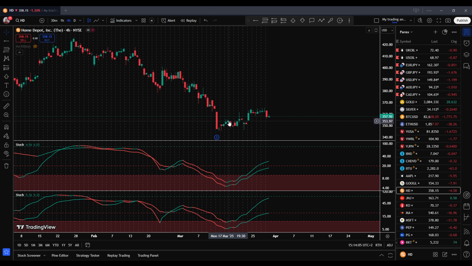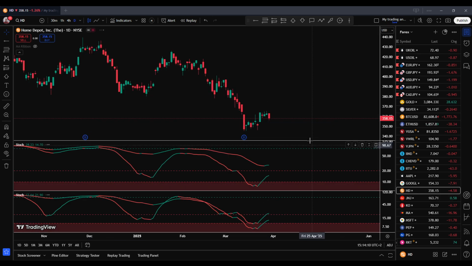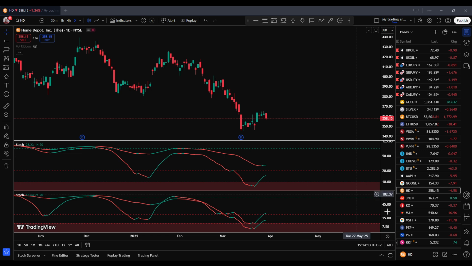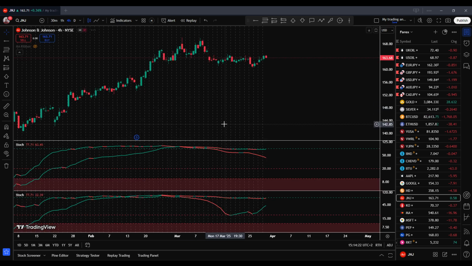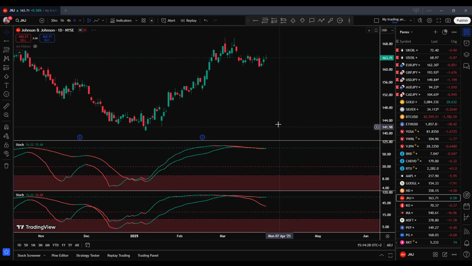Good time to invest in Home Depot. And on the daily, without signals. Johnson & Johnson is the next stock that I will look at. 4-hour, still nothing. Price is far away from these zones here. On the daily, same thing.